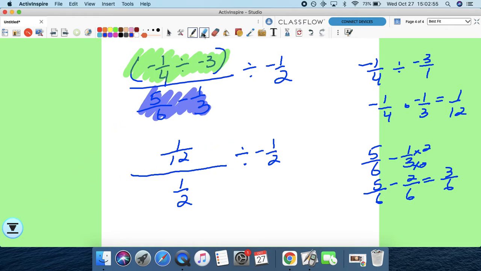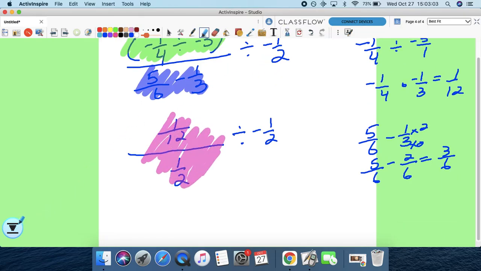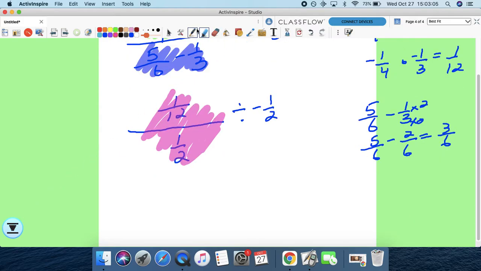Now, the next part I'm going to highlight is this. I'm going to take care of this. Okay, so is this? Oh, I can scroll down. Choose black. We go 1/12, and again we're dividing, right? So that's 1/12 divided by a half, or 1/12 times 2/1.